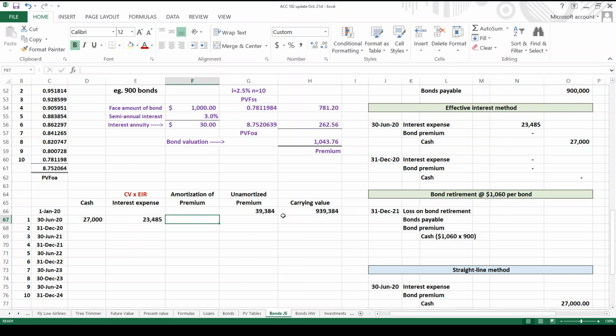That's going to be the amortization of our premium, 3515. Now I want this to go to 0, right? So I'm going to reduce that 39,000 by the 3515. I get 35,869. What's the carrying value? Carrying value is the unamortized premium plus the face amount, which is, and I'll put that over here.